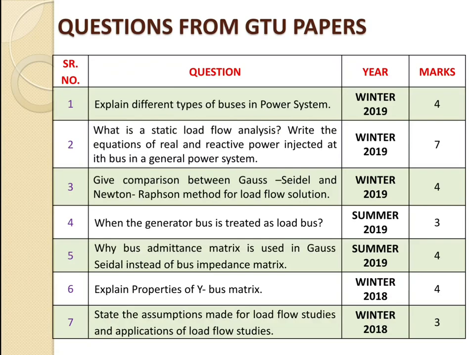Now there are some questions that have been asked in GTU papers. Based on today's discussion, one question is: why is the bus admittance matrix used in Gauss-Seidel instead of the bus impedance matrix? This was asked in summer 2019 for 4 marks.